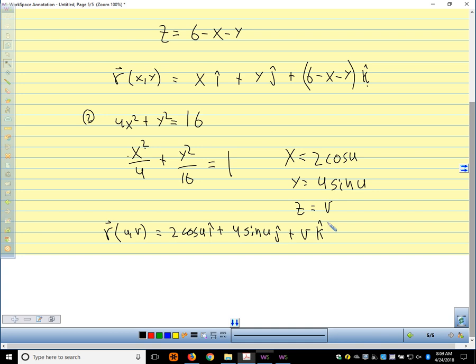If I have two vectors, I can take the derivative of this with respect to u. That's going to give me a vector pointing in one direction that's tangent to that surface. Take the derivative of this with respect to v. That's going to give me a vector in another direction that's tangent to that surface at that point. Take the cross product. The magnitude of the cross product is going to be approximately the area of that little piece of surface. And we're going to integrate that over the surface.